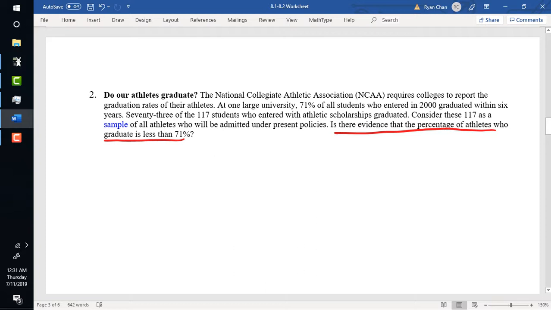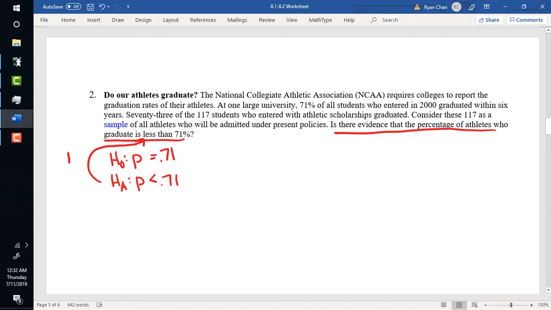So I'm going to first test H naught: P is equal to 0.71, and my alternate is P is less than 0.71. Where am I getting that from? It says less than, so that's a big giveaway.